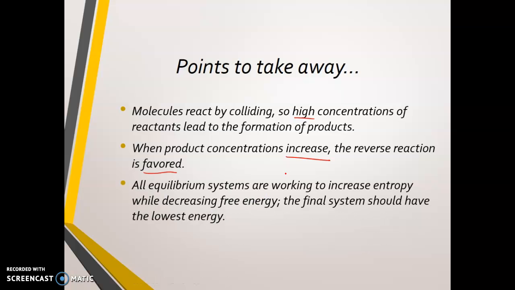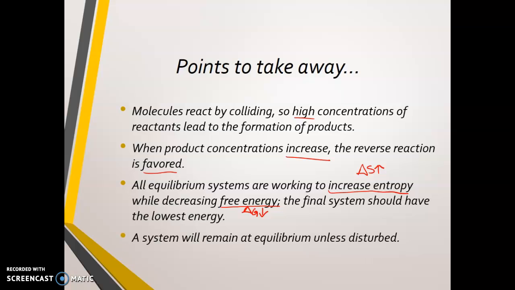All equilibrium systems are working to increase the entropy, that is, delta S is increasing, while decreasing the free energy. So delta G is decreasing, and the final system should have the lowest possible energy. A system will remain at equilibrium unless disturbed.